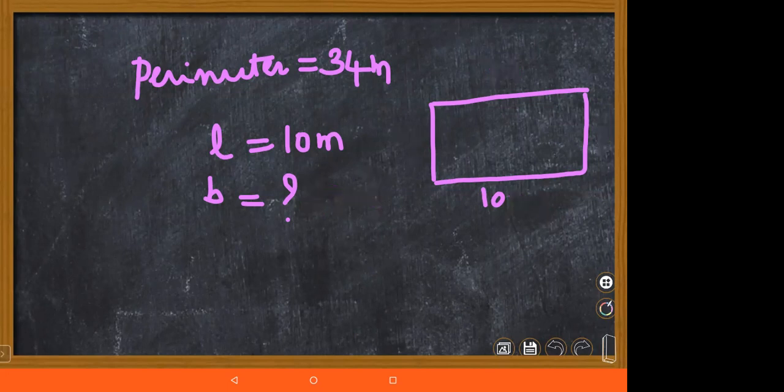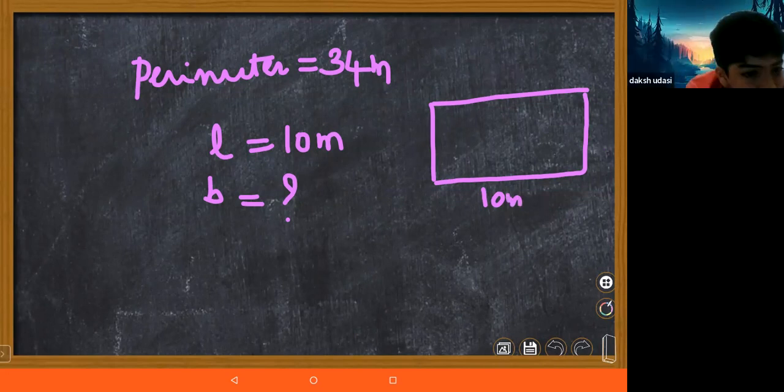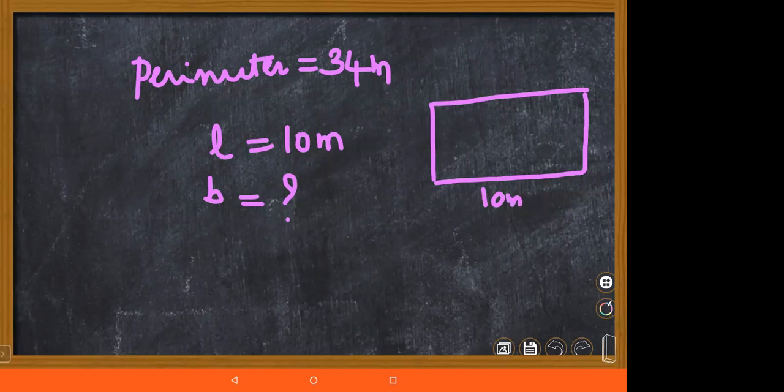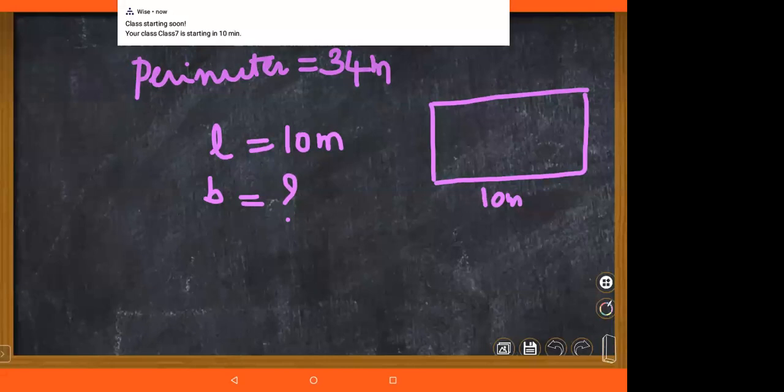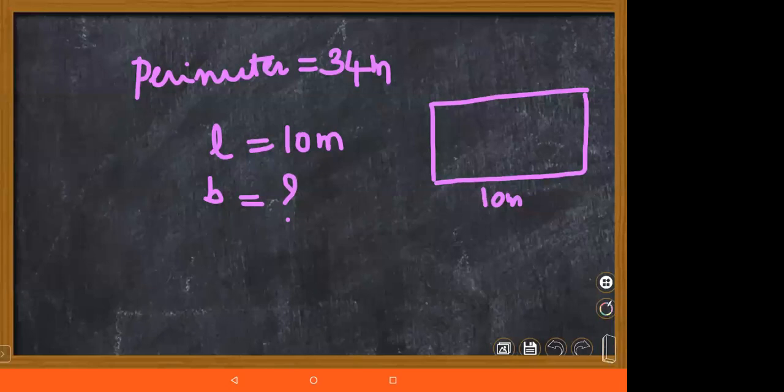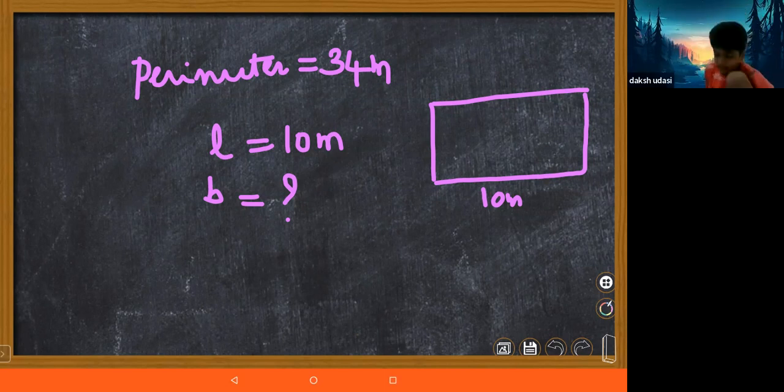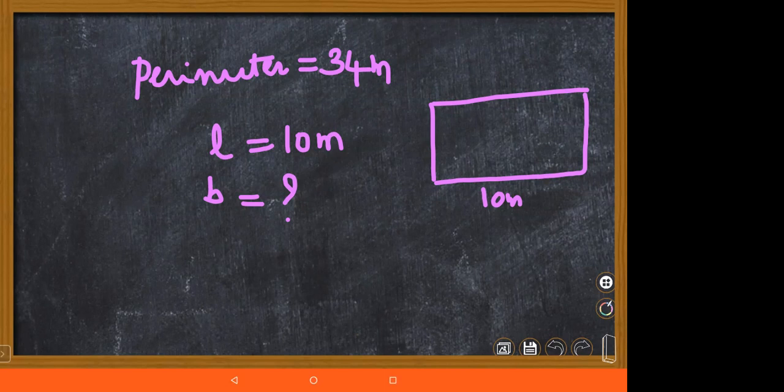Ma'am, for length 10 meters, we need to multiply 10 meters by 2, which is 20 meters, and then if we subtract 20 meters from 34 meters, we'll get 14 meters, and if we divide 14 meters into two parts, because there are two sides, we'll get 7, ma'am.